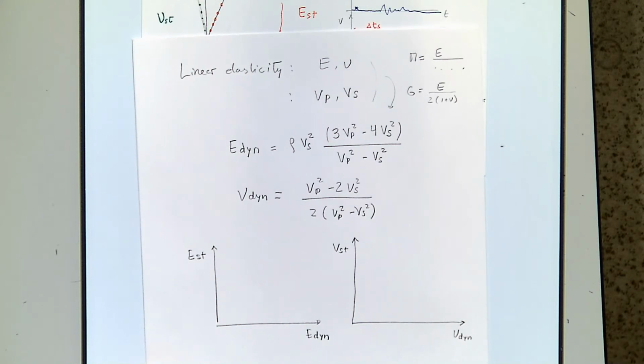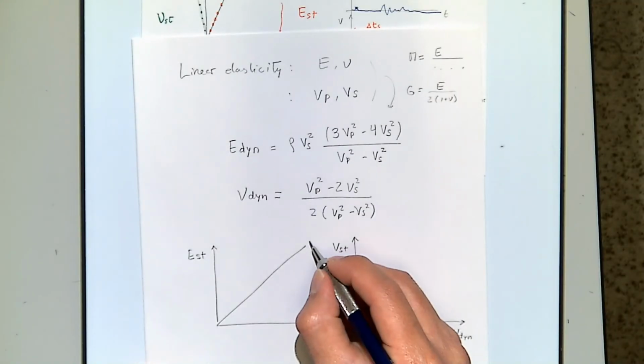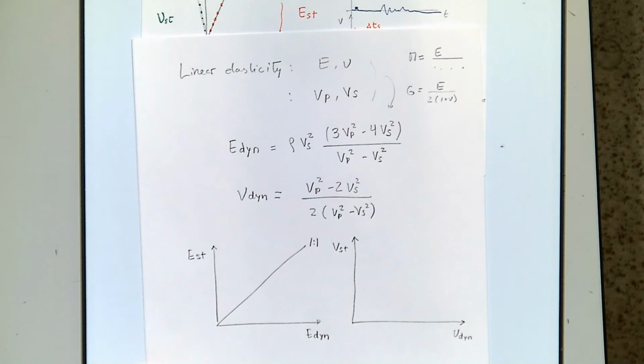It's not easy. But the concept here is that if we have a material with no dispersion, with no plastic strains, with no viscoelasticity, with nothing of that, you will expect to see a 1-to-1 correlation, right?